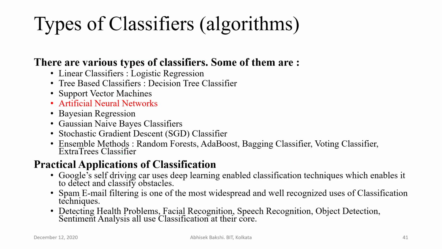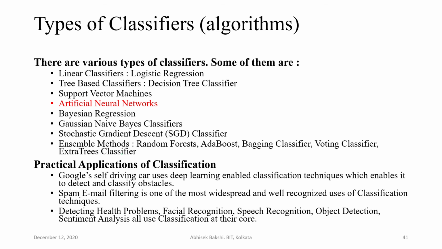So we have a lot of different types of classifiers. For example, linear classifier, logistic regression, tree-based classifier, decision tree classifier, support vector machine, artificial neural network, Bayesian regression.